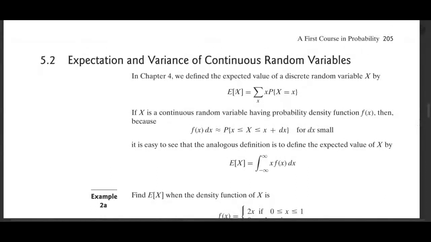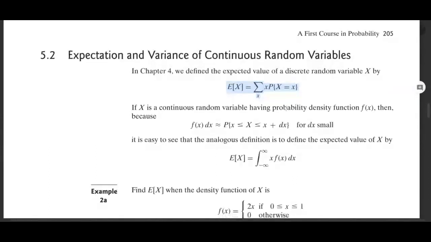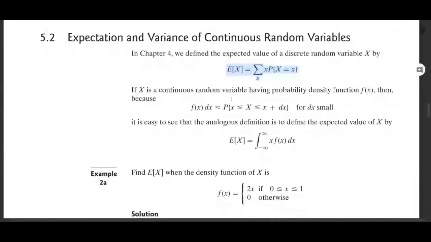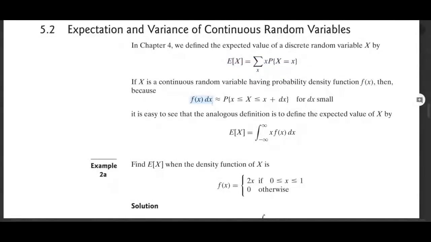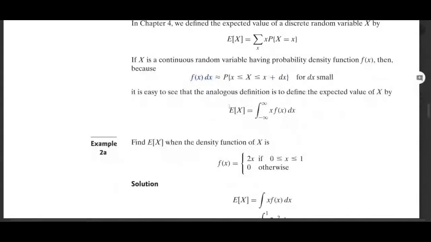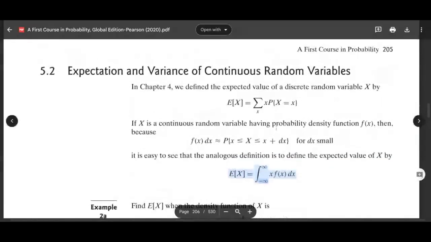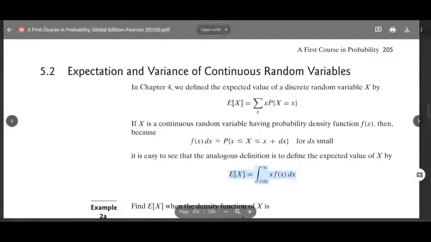So expectation, expected value, and the variance of a continuous random variable. In chapter 4, we defined expected value this way, of course in the finite or countable world. But when X is a continuous random variable, we have a probability defined this way. So now the expectation, or expected value, because when I learned it we never used expectation, we always called it expected value, but this textbook uses this.